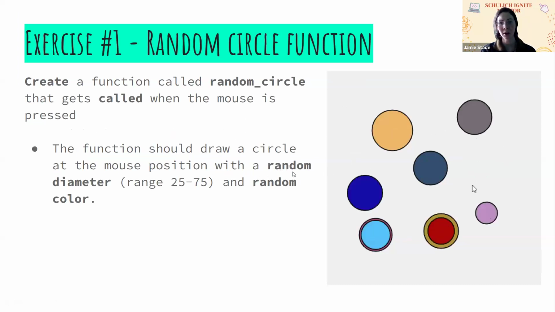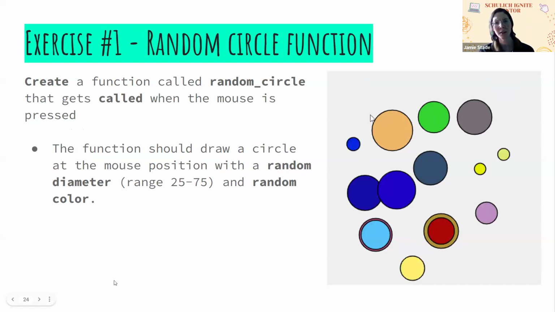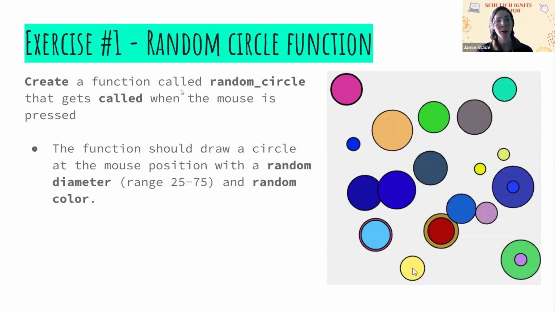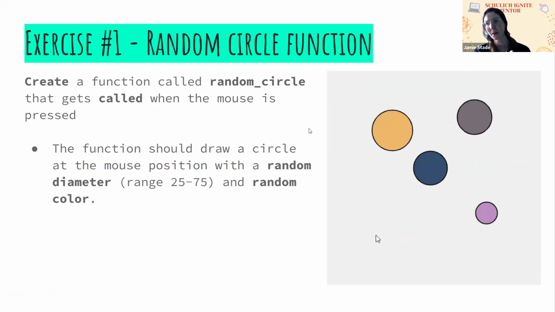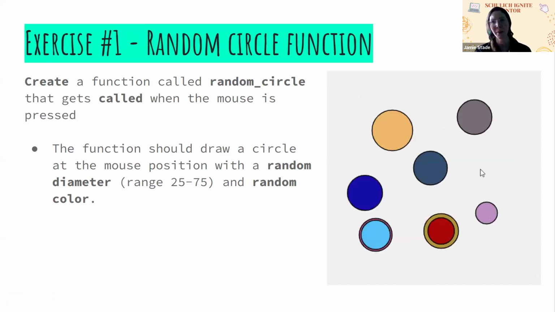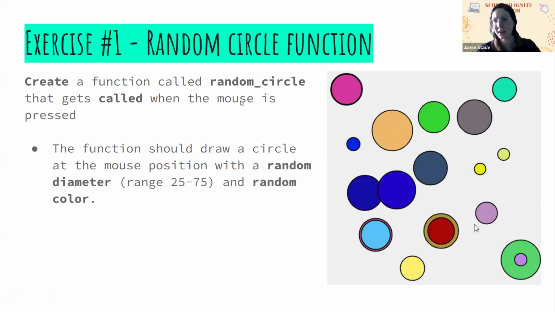You can look at using the random randint function we discussed at the end of last session to do that, as well as the random colors. And if we want to call this function each time the mouse is pressed, take a look at the mouse pressed function that we discussed at the beginning of these slides. That should be everything you need to complete this exercise.